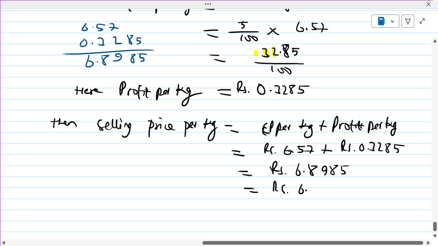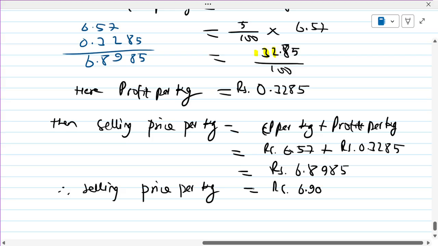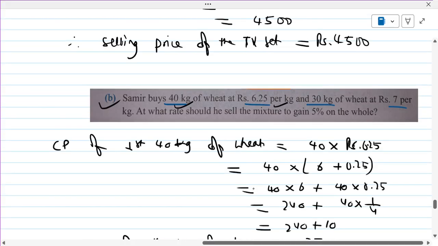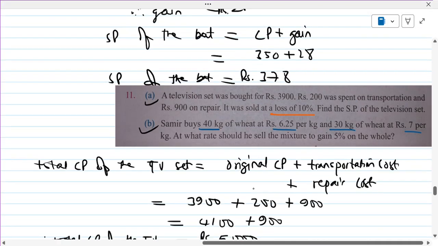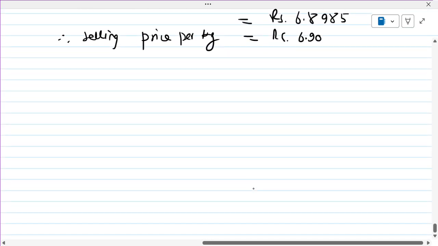So you can say 6.92 rupees? Therefore selling price per kg is equal to rupees 6.90. So it's done with number 11, A and B. Now I go with number 12.